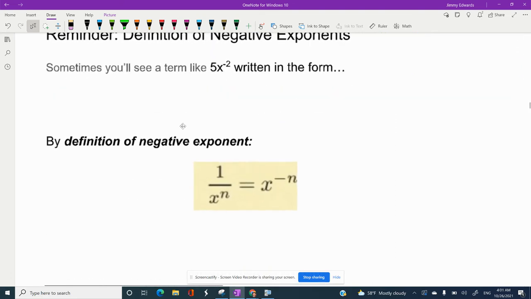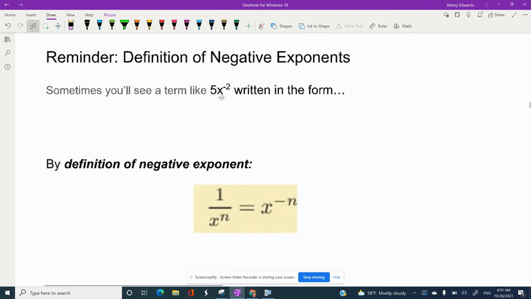Because we don't do a ton of algebra in our course, but you do have to remember this property of the negative exponent. You may see, instead of a negative exponent, sometimes this term written in the form of 5 over positive x squared. So 5 times x to the negative 2 is actually equal to 5 divided by x to the positive 2 by definition.